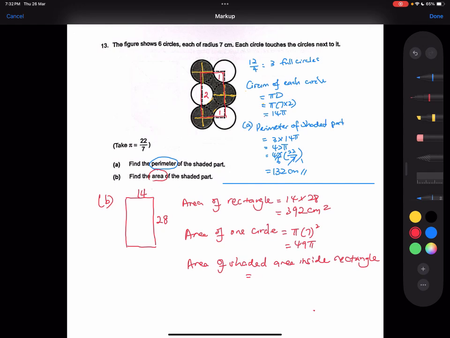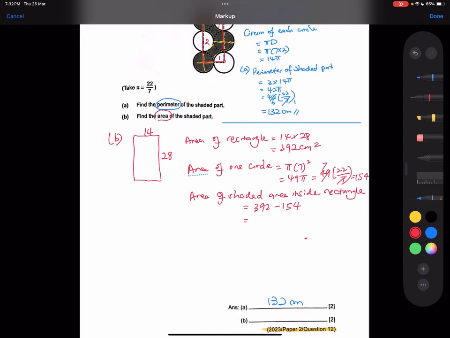Alright, let's solve for 49 pi, which is 49 times 22 over 7, that is 154. So we have 392 minus 154, and that will give us 238 cm squared.